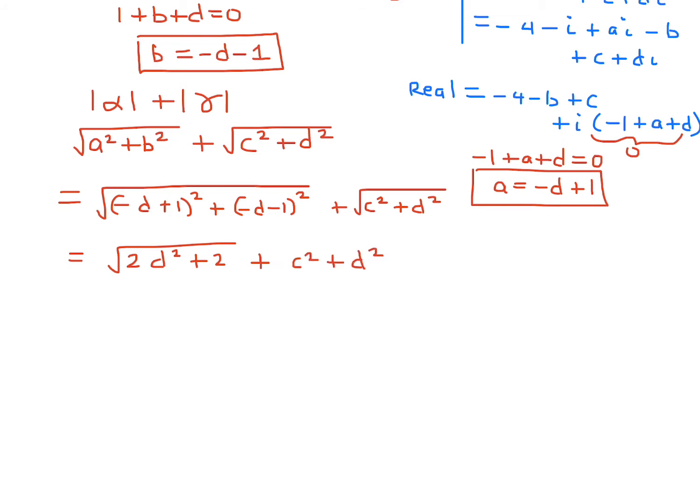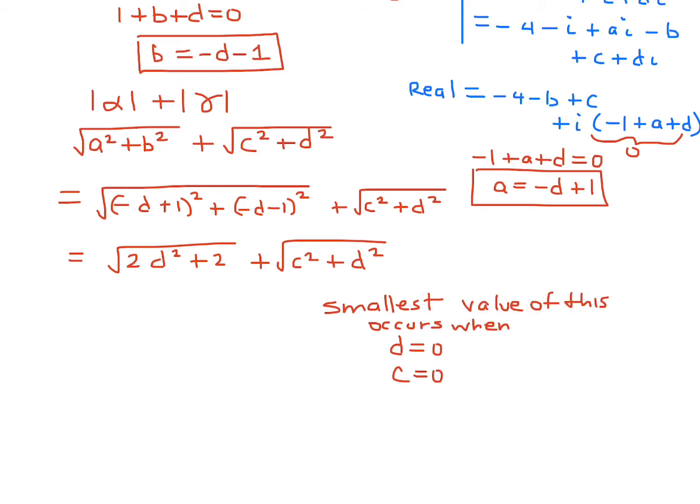And this guy over here just stays the same. Now I want the smallest possible value of this. The smallest possible value of this will occur when d is equal to 0 and when c is equal to 0. And if that is the case, this just becomes root 2.